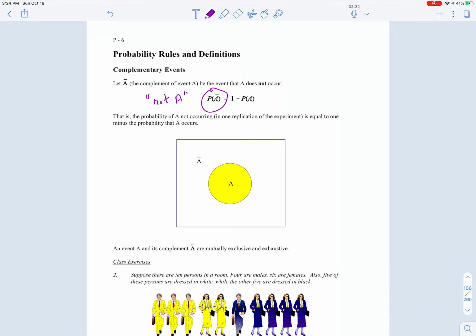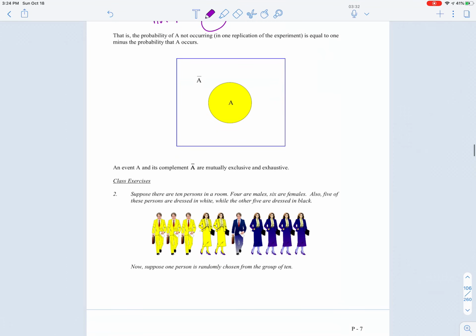If we're talking about catching COVID, you might think that your chances of catching COVID are, say, 15%. That means the probability of not catching COVID is 85%, the complement of that, 1 minus that. So that is what we've got there. An important statement here is that an event A and its complement are mutually exclusive and exhaustive. Remember, that was axiom number 3.